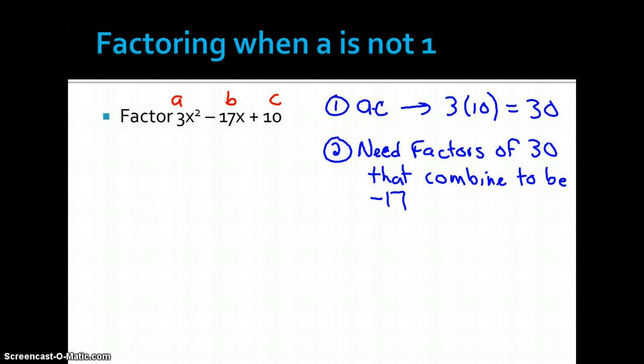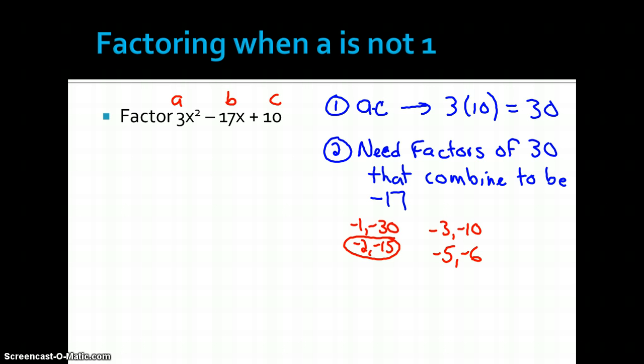Okay, so if we think of our factors of 30, we're going to need negative 1, negative 30, negative 2, negative 15, negative 3, negative 10, 4 isn't, negative 5, negative 6. Now, do any of those combine to give us negative 17? The answer is yes, negative 2, negative 15.